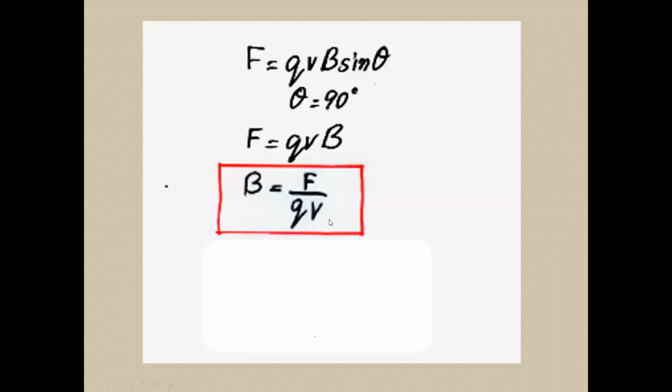So when you say B is equal to F upon QV, you can define it from this formula.